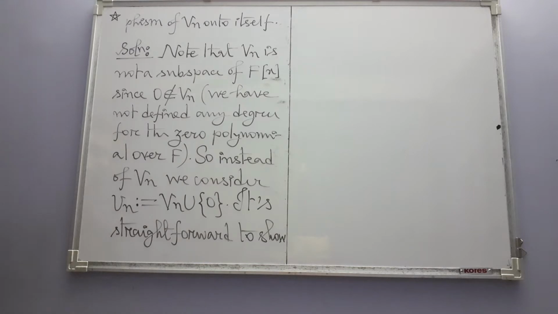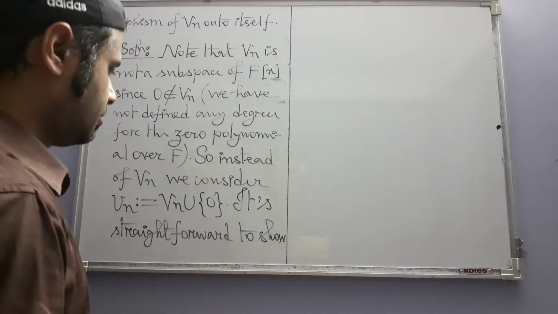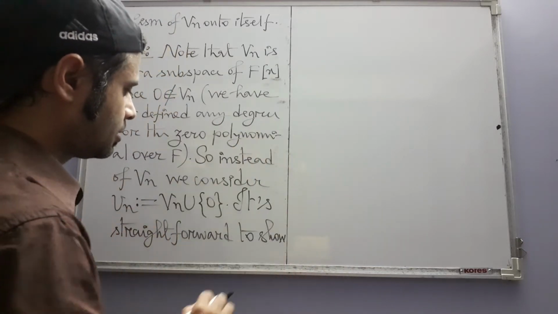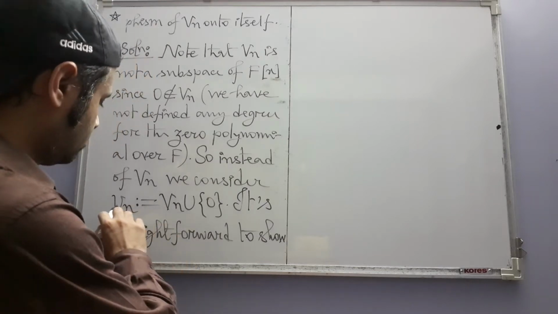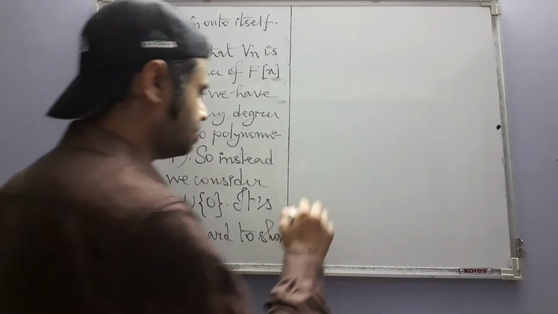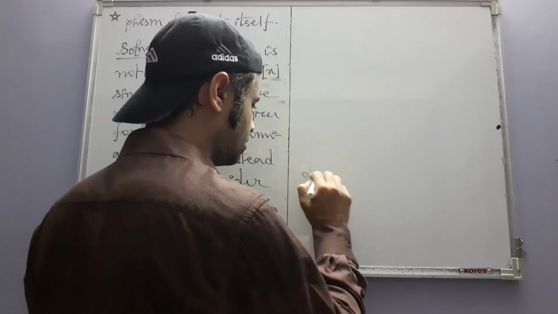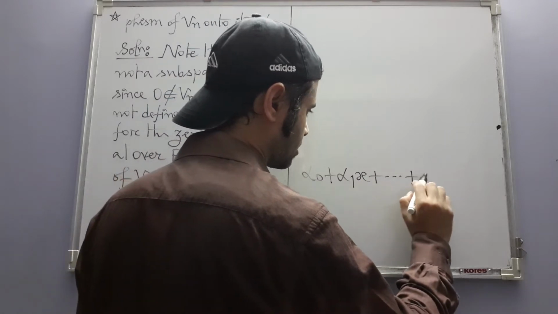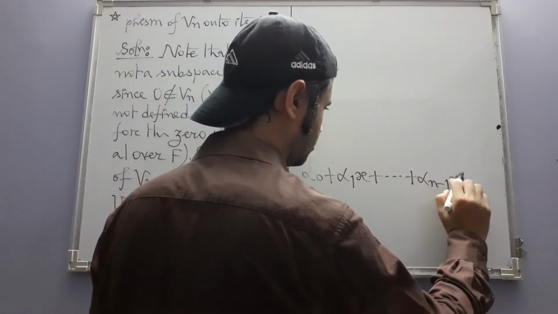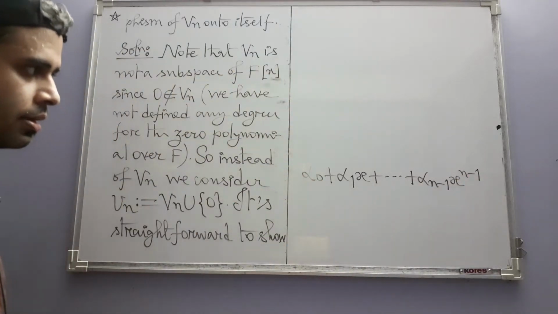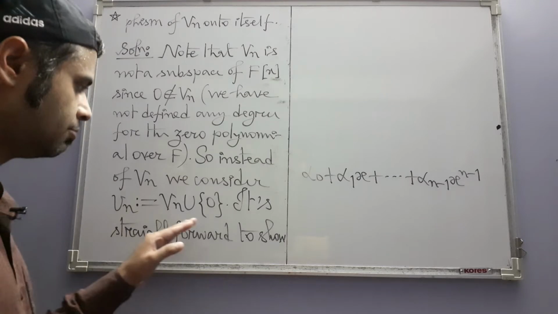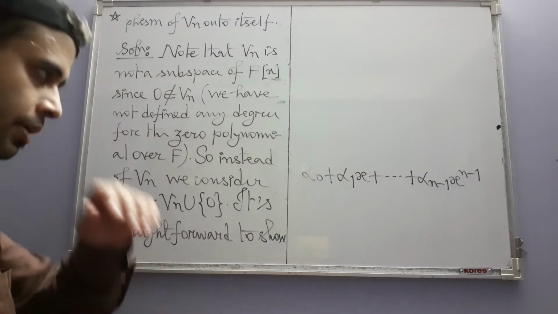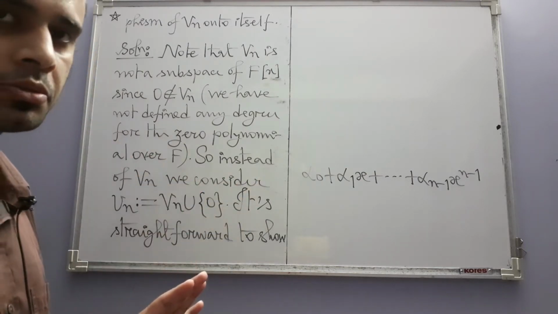So this part is left to you, and in fact the T that we have defined in the exercise has been defined on Un, because you see we have considered the input of that T to be a polynomial which looks like this, and this is precisely what all the elements in Un will look like, because their degrees can be at most n minus 1.